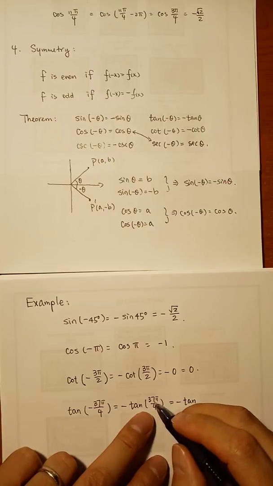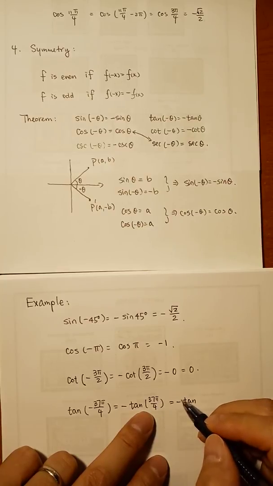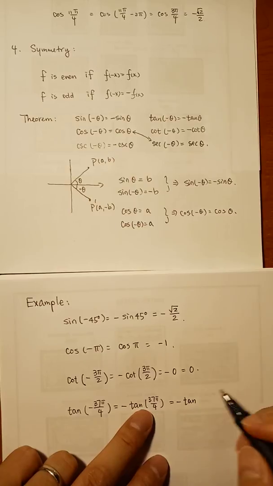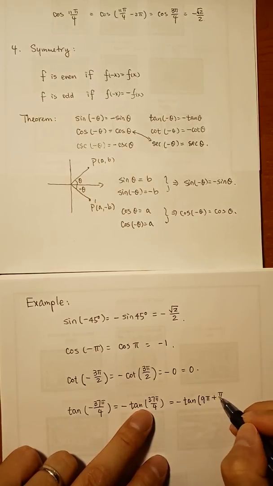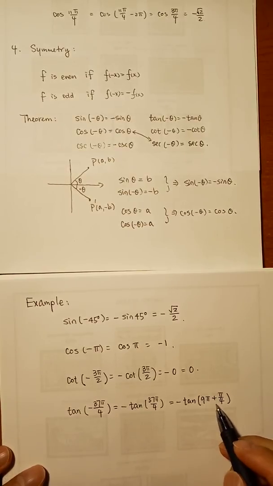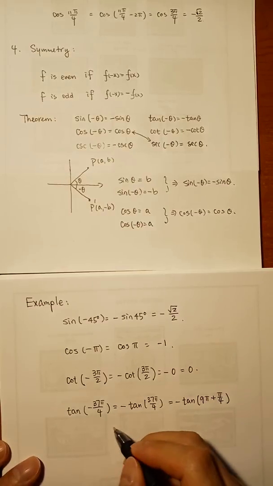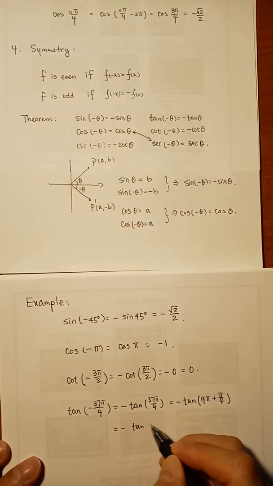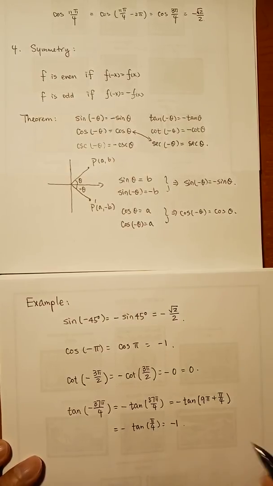We don't need 32, we need 36. 36 is 9 pi plus pi over 4. Okay, not 32, 36. 9 pi plus pi over 4. And the tangent has a period pi, so this 9 pi disappears, so it's negative tangent pi over 4. Tangent pi over 4 is 1, so it's negative 1.